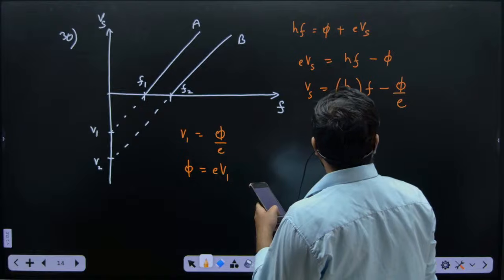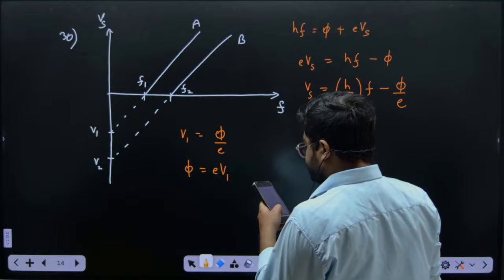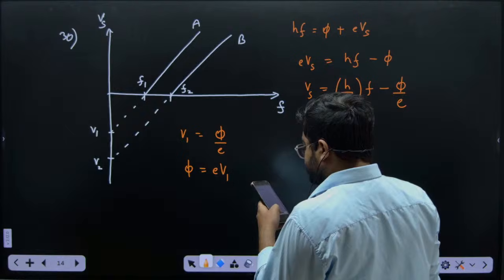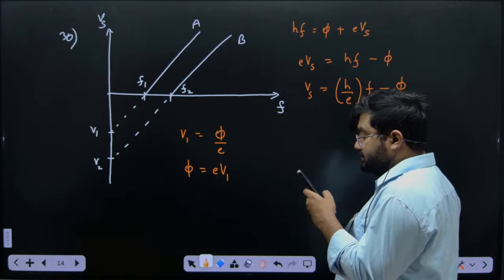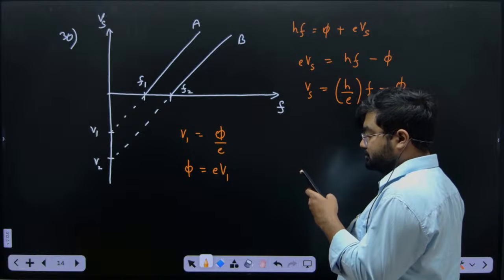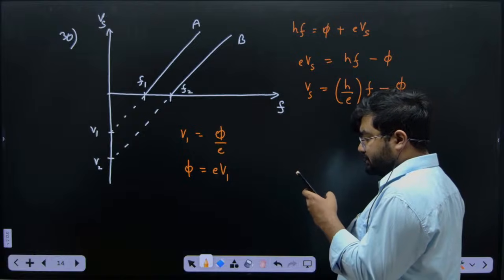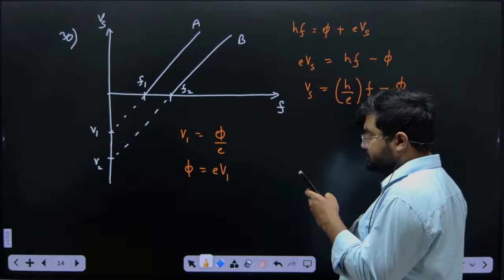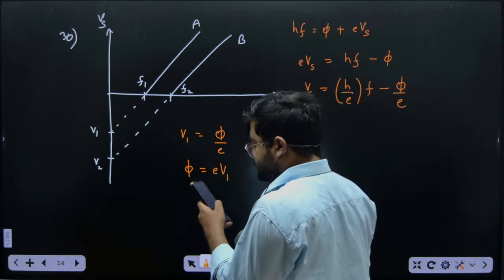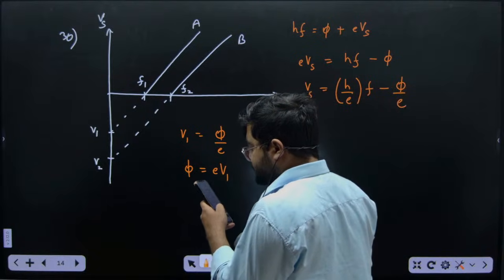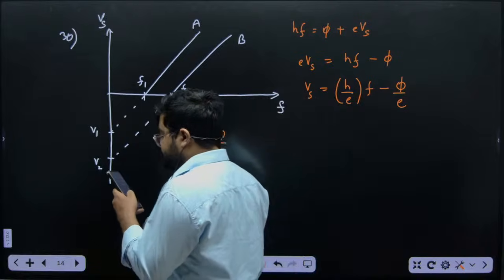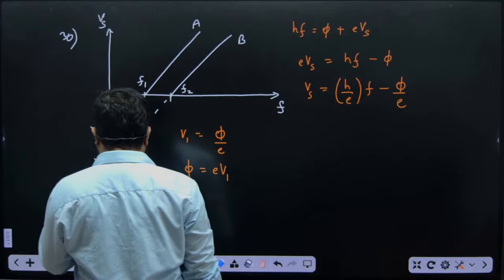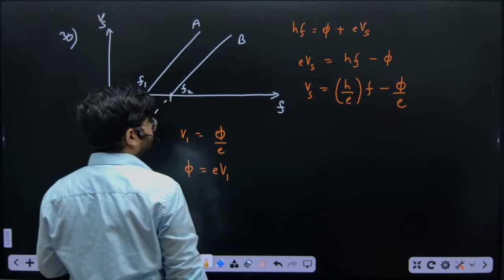Did we do something wrong? It looks right. For the radiation of frequency greater than f2. Did I draw the graph incorrectly? No, it is correct. The radiation of frequency greater than f2 incident on the surfaces A and B, the maximum kinetic energy is what?